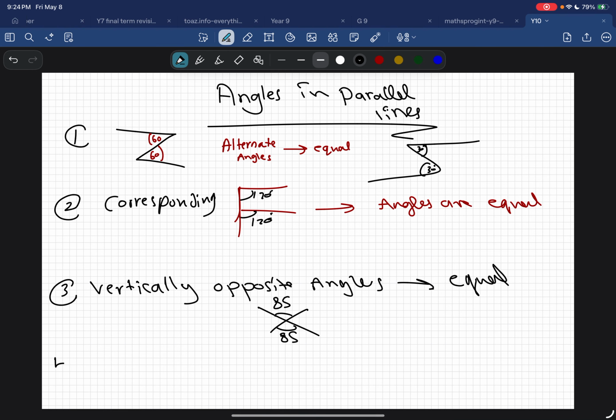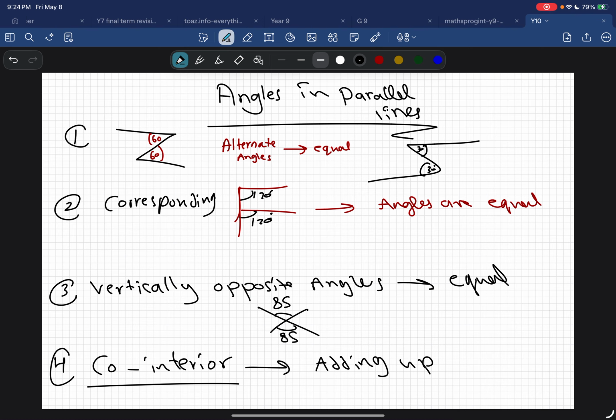Number 4, the last angle, the co-interior angle. In this case, I made it the last one because it's not like the others. Here, the angles add up to 180. Let me show you what I'm saying. These are 2 parallel lines.